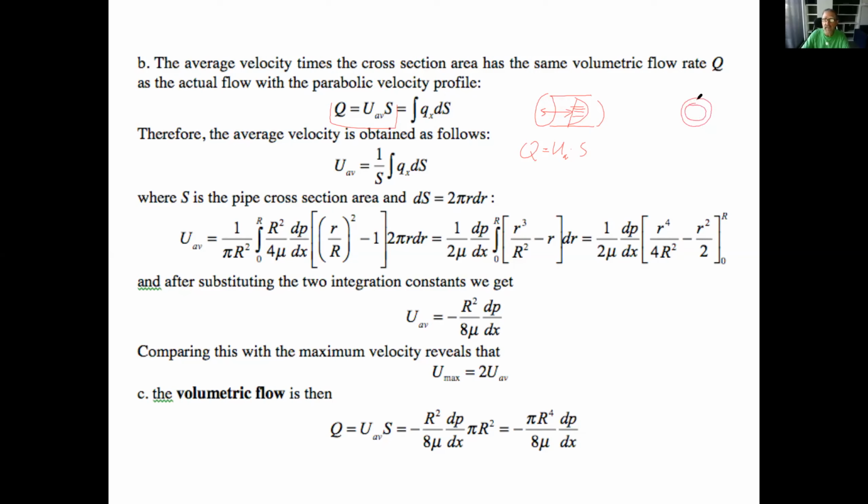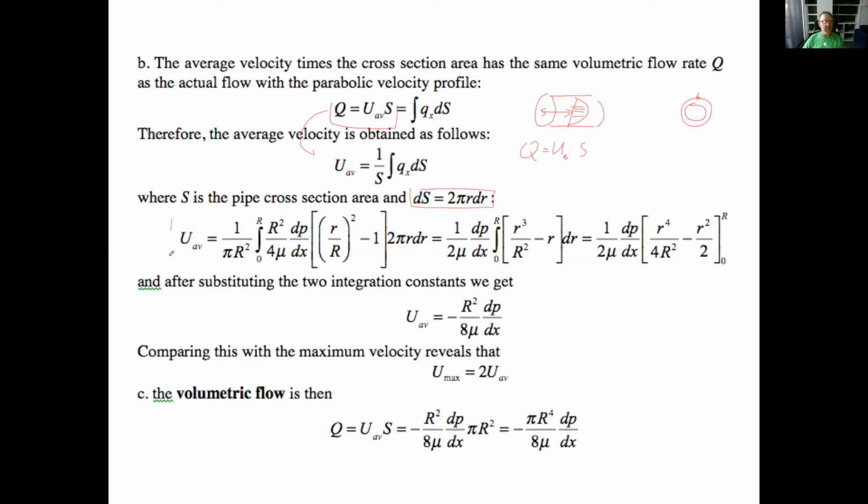Here it is, ds is 2 pi r dr. So it's a little bagel. So we just reverse that formula and say the definition of average velocity is 1 over S times the integral of the flow. Very simple. So let's do that.